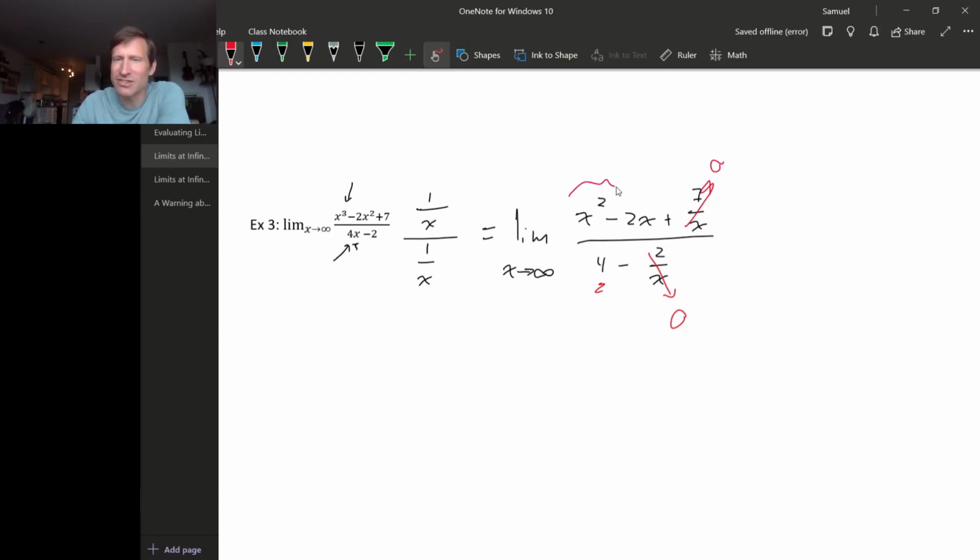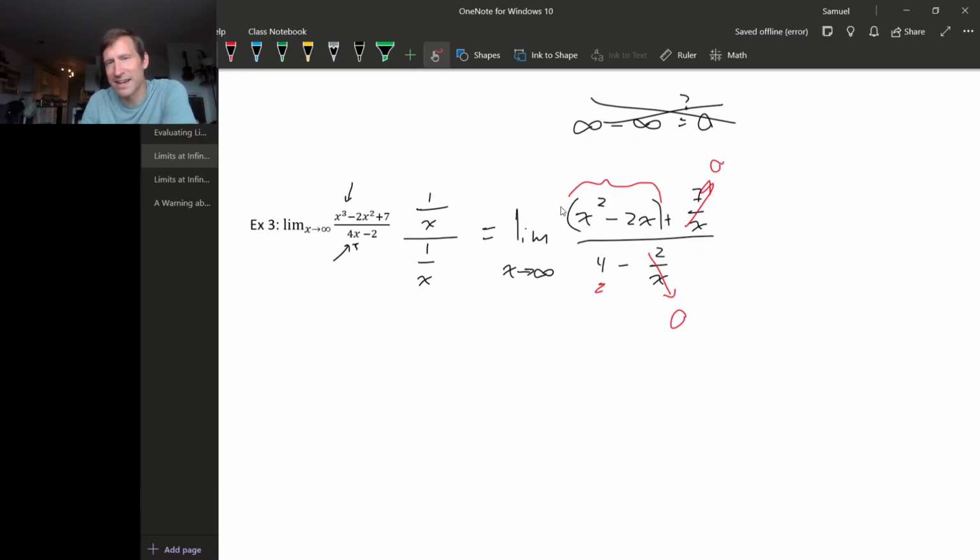But now we have to ask ourselves what happens to this piece, x squared minus 2x. One thing we can't do is just plug in infinity, because then we would get infinity minus infinity. But what's infinity minus infinity? That doesn't really mean anything. It's tempting to say maybe it's 0, but we'll see that that's not the case. It is in some cases, but not in this case. So, x squared minus 2x. When x gets really big, we can look at this as just a polynomial.